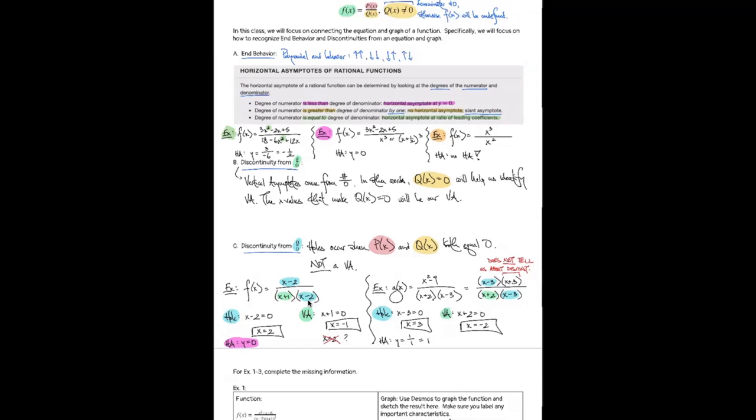We can also have other kinds of discontinuities, those vertical asymptotes, and again, we can tell from the equation where they come from. And we're going to use all of this information to figure out a sketch of a graph.